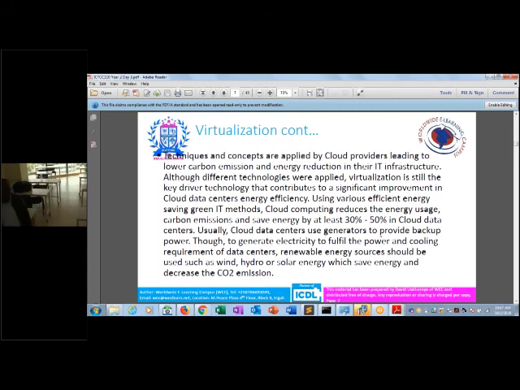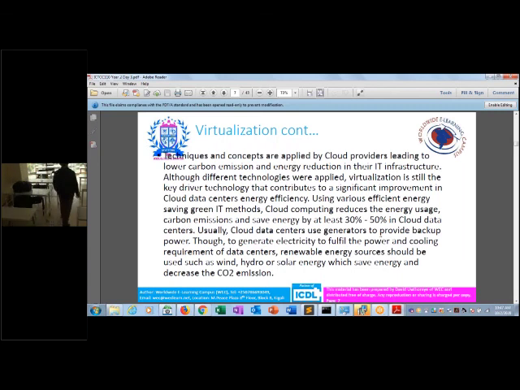Renewable energy resources should be used, such as wind, hydro, or solar energy, which save energy and decrease the CO2 emission. This electricity causes the production of CO2 emission, because these machines, as they are operating, generate CO2.